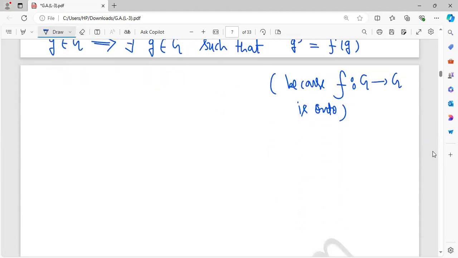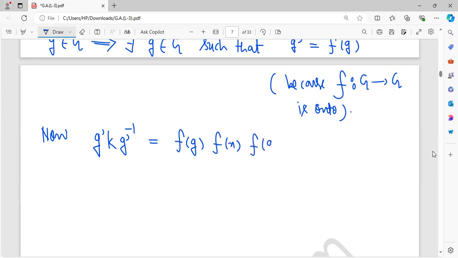Now g' k g' inverse, what is this? You write these values. This is f(g), this is f(n), and this is f(g) inverse.